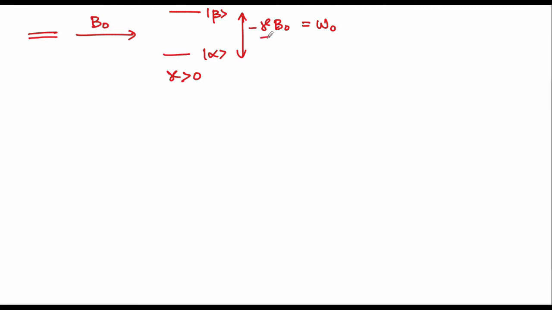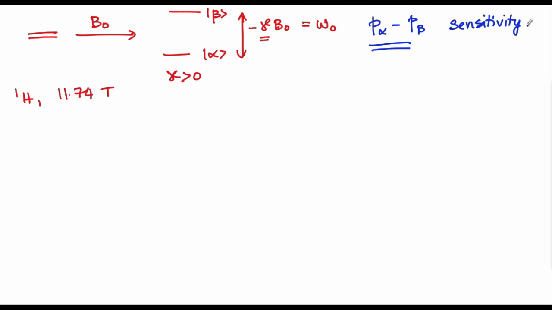And this precession frequency depends upon the gyromagnetic ratio. The population difference between these two states, P alpha minus P beta, is what relates to the sensitivity of this given experiment. Meaning that the more the difference in population, the more sensitive the spectroscopy technique.